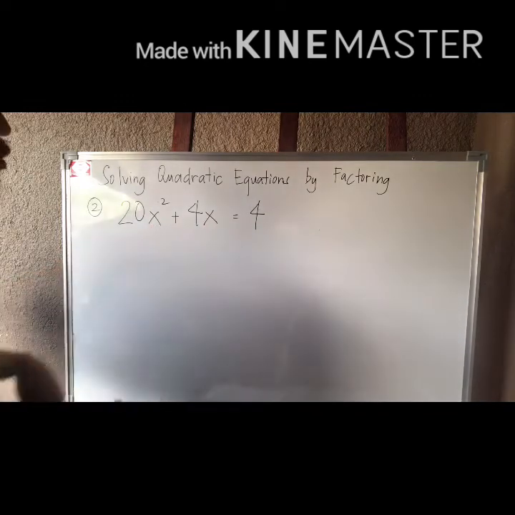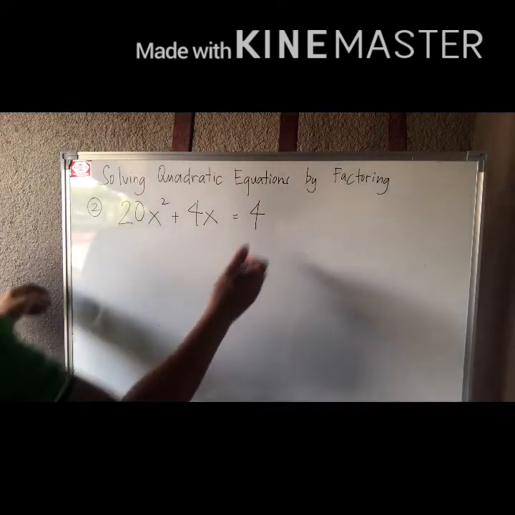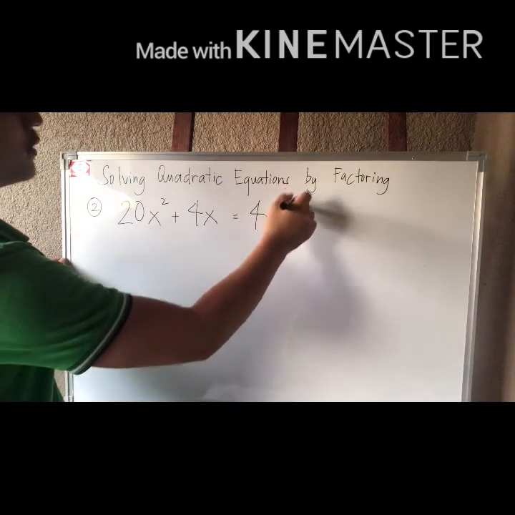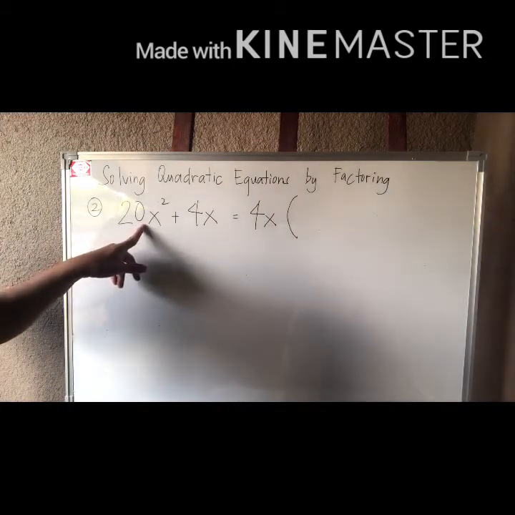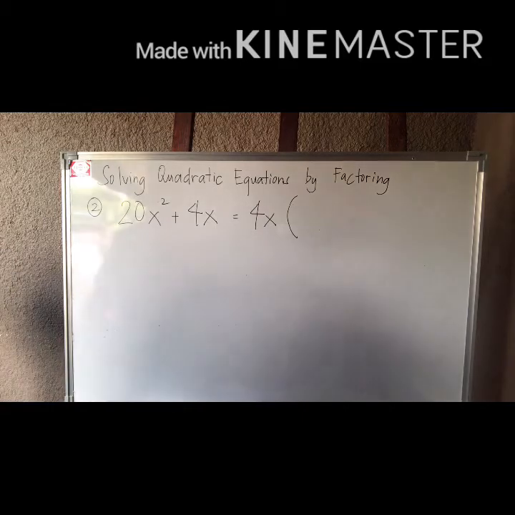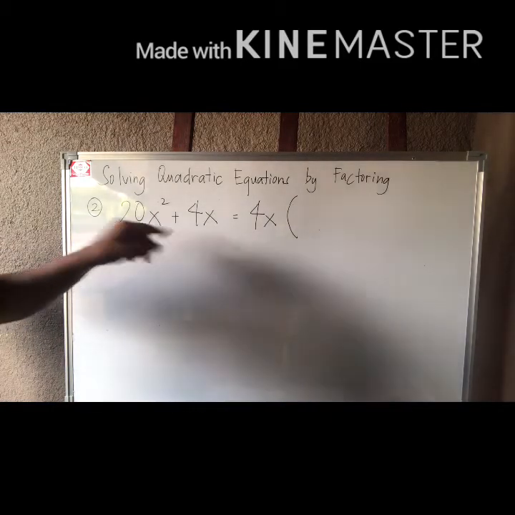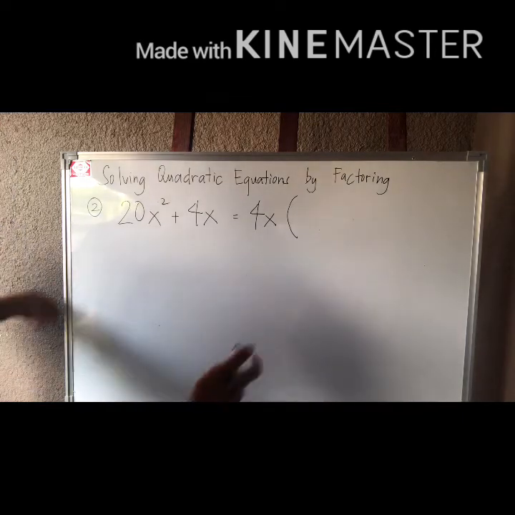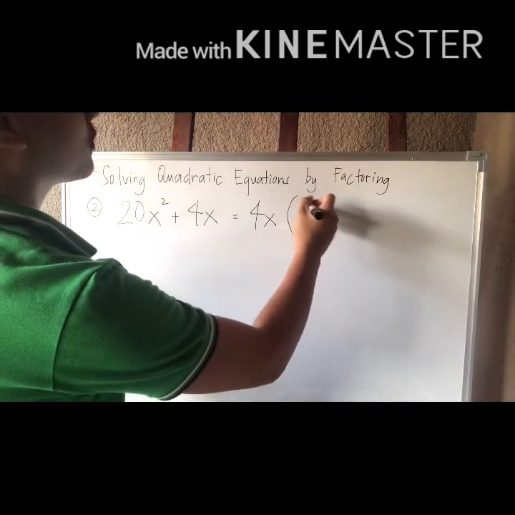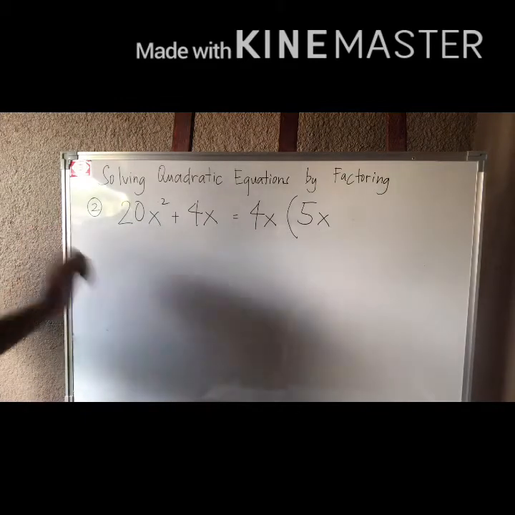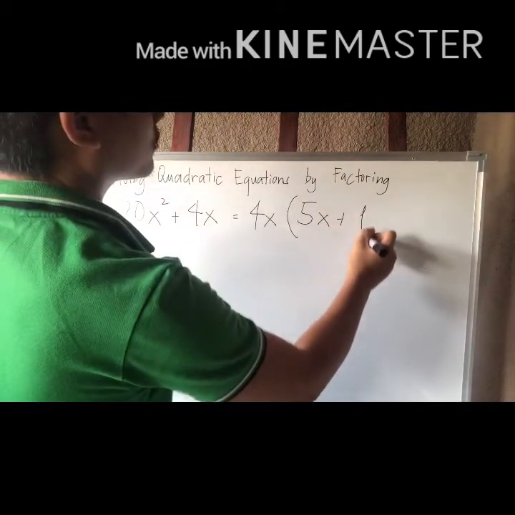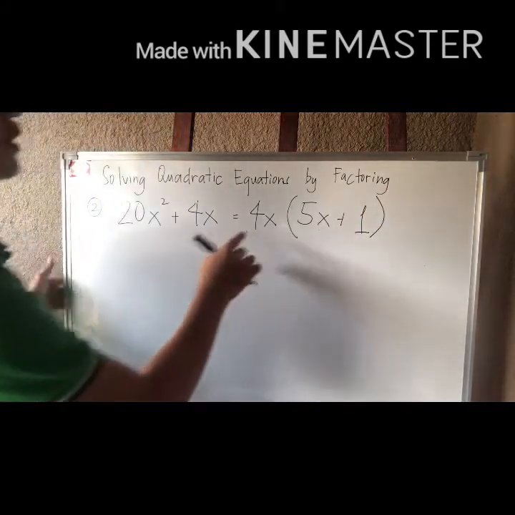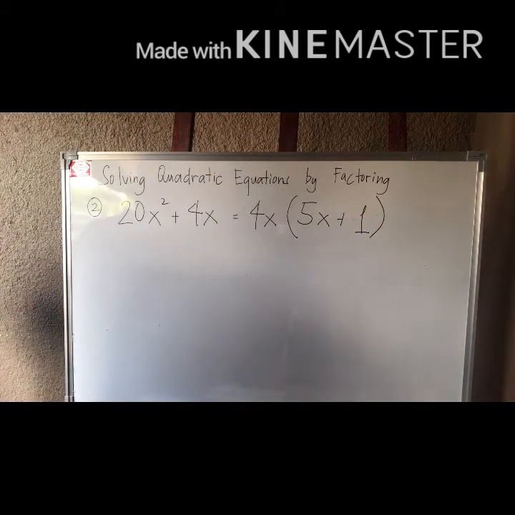Then the common factor of x squared and x is x. Then to get the other factors, we divide each term by the common monomial factor, or the CMF. So 20x squared divided by 4x is 5x. Then 4x divided by 4x is 1. So these are the factors. Okay?